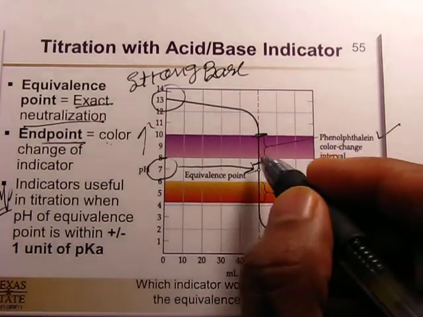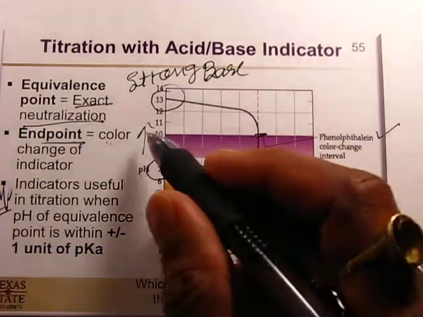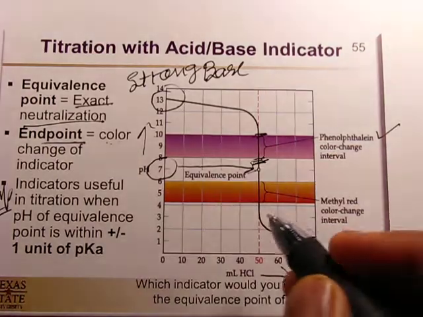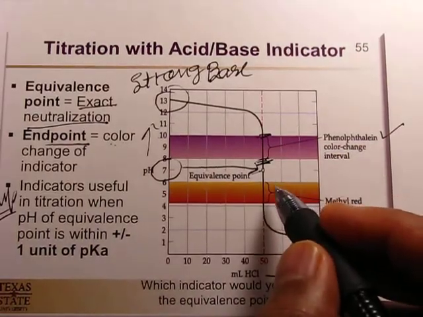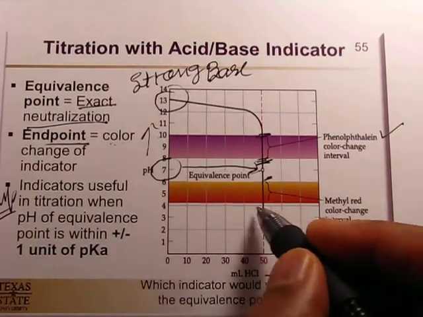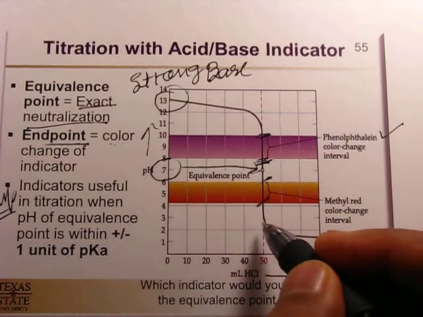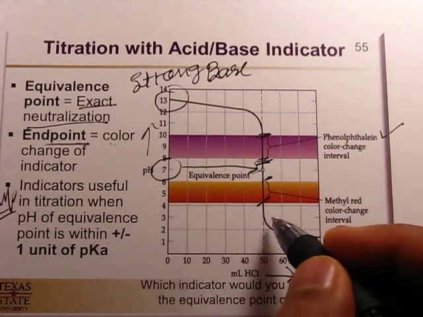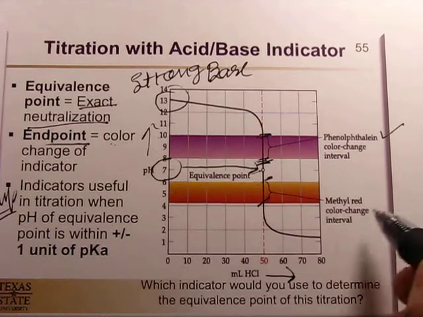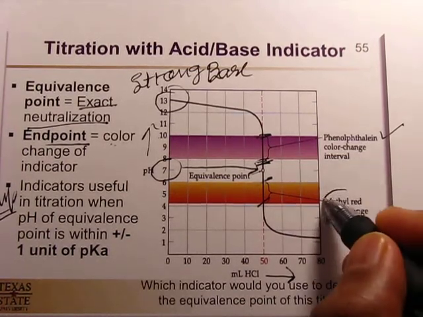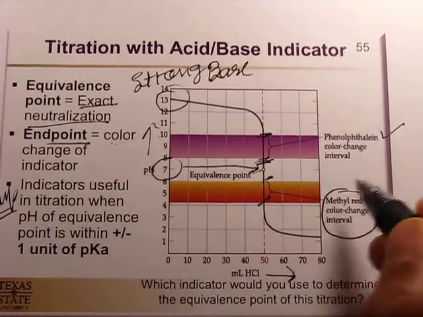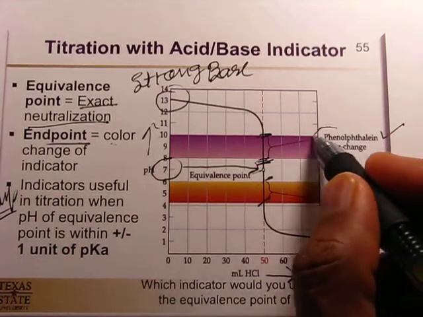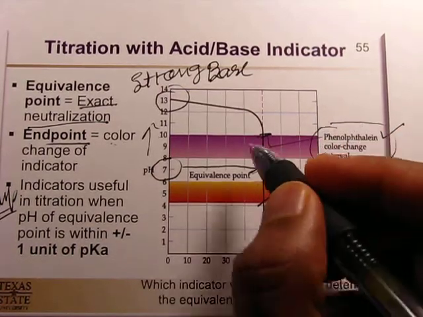So this is the purple color between pH 8 to 10, and as we reach 6 to 4.5 or very near to 4, this region is for methyl red. So phenolphthalein we can use only in this region.